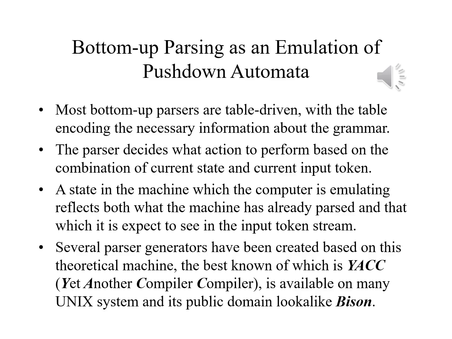As a result, the machine's current state reflects both what the machine has already parsed and what it expects to see. There are several parser generators that can be used to create a bottom-up parser for the compiler writer. The best known are YACC, which stands for Yet Another Compiler Compiler, which came with Unix, and its lookalike, Bison, which is part of the GNU project.